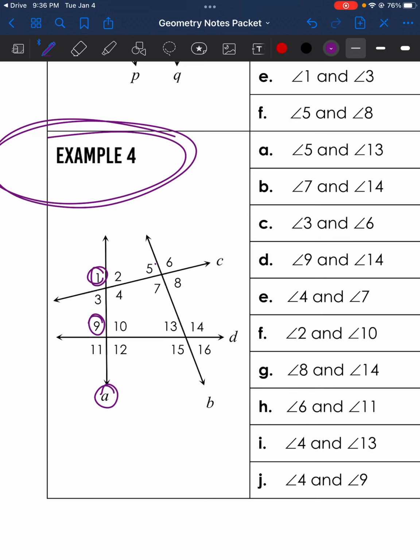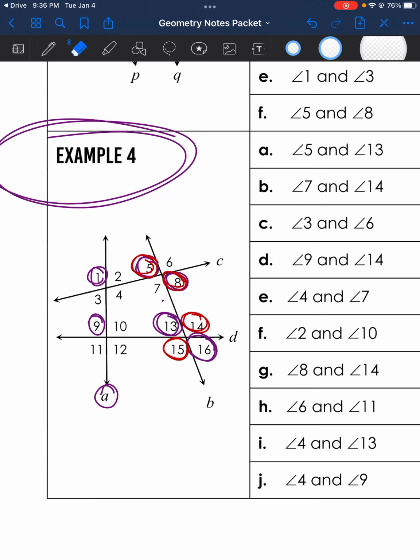We have alternate exterior angles when they're exterior angles but on opposite sides of the transversal. We have alternate interior, same thing here. And then we also have consecutive interior, which would be this 8 and 14, or consecutive exterior, which would be this 5 and 15 here. So that all holds true.